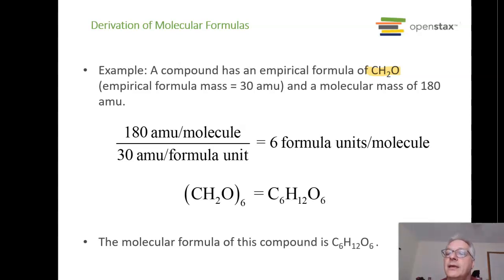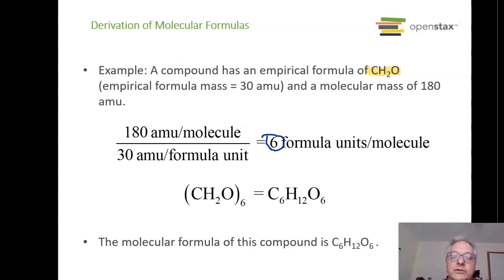If we look at the empirical formula mass for this, we just have to add up a carbon, which is 12, 2 hydrogens, which roughly 2, so that's 14 plus 16. That's going to be about 30 grams per mole. And we're told that the actual molar mass of that is 180 grams per mole. We divide 180 by 30 and you get 6.